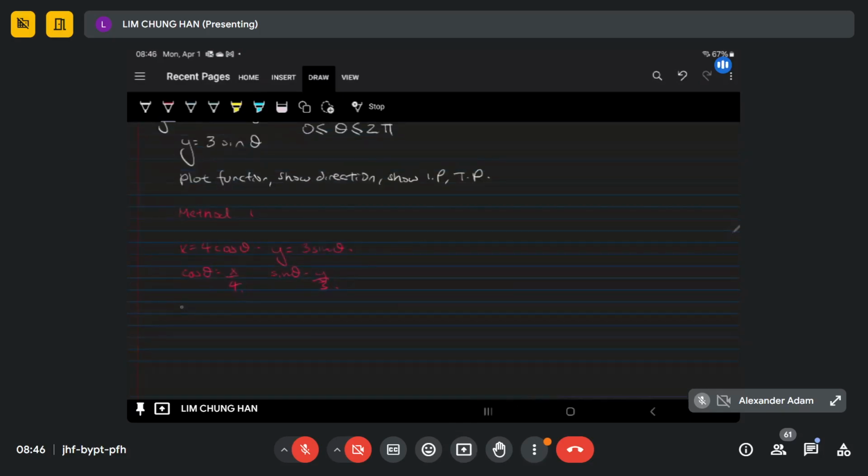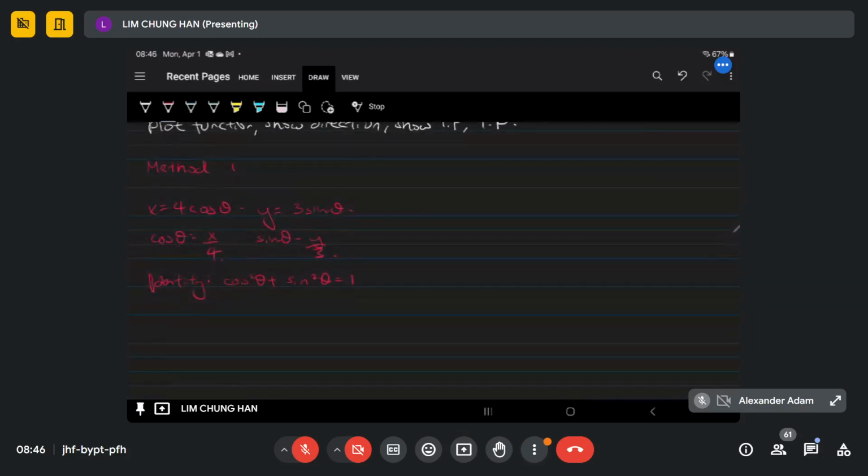Now you use the common identity: cos squared theta plus sine squared theta equals 1. Substituting, we get (x over 4) squared plus (y over 3) squared equals 1, so x squared over 4 squared plus y squared over 3 squared equals 1.